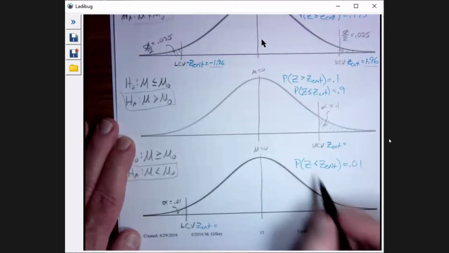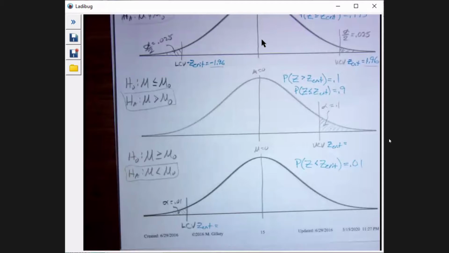Can I do less than in Excel? Yeah. So a left-tailed test is the easiest because you don't have to worry about complements. You don't have to worry about splitting your alpha. You don't have to worry about anything. It's just simple.